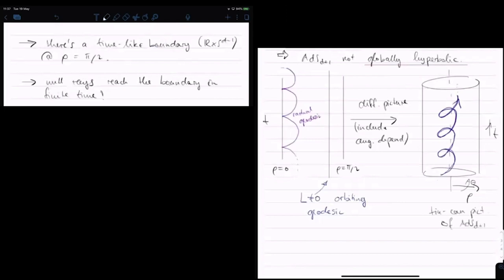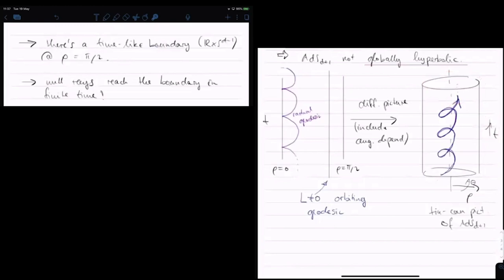Okay, so if you have your soup can, the soup is the whole of ADS, and then the mantle on the outside is the boundary, and the boundary is here also recognizably of the form R times S^(d-1). Okay, but so much for the compactification.